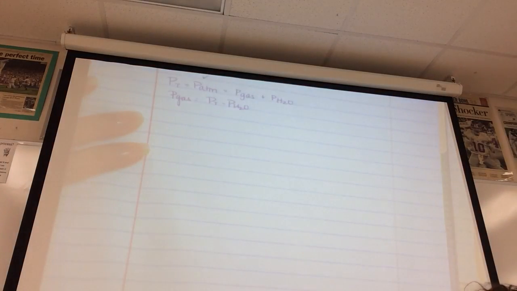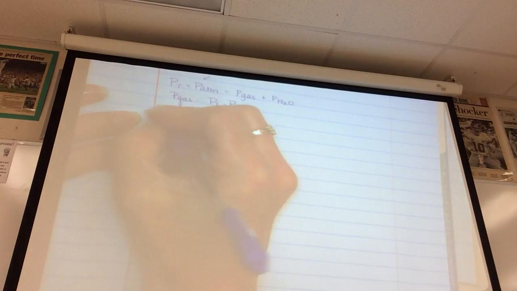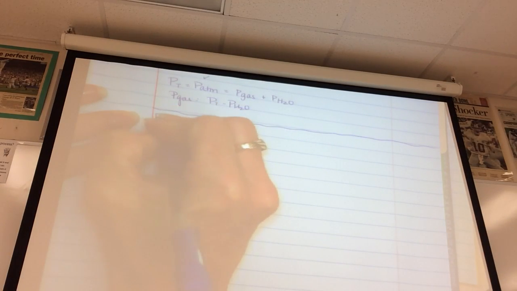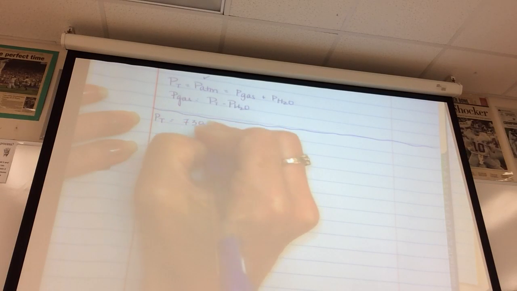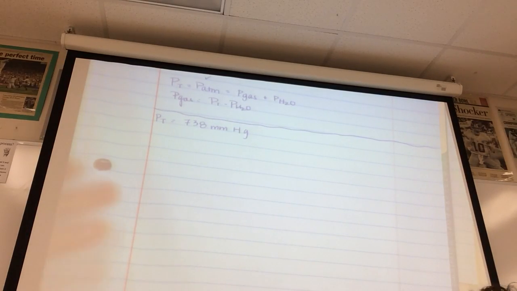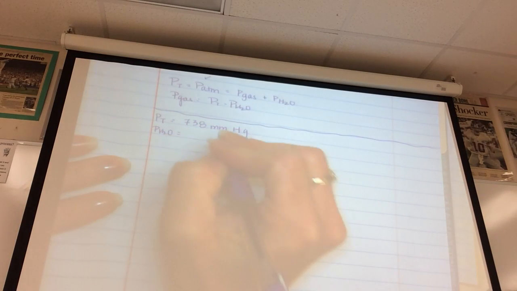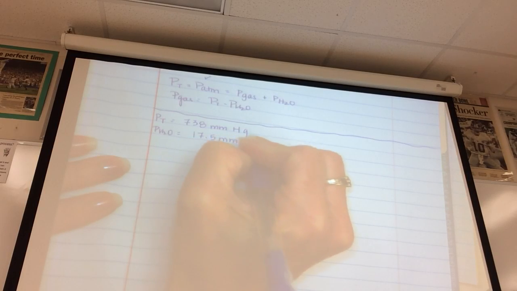So let's take a look here. What was given is that the total pressure is 738 millimeters of mercury. The pressure of water vapor is 17.5 millimeters of mercury.